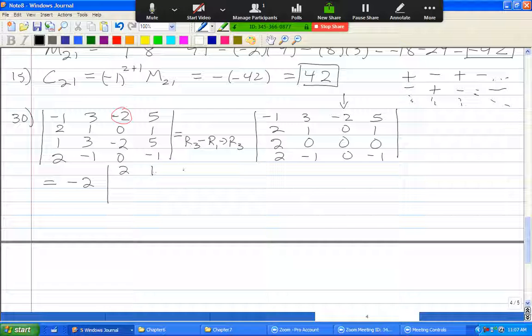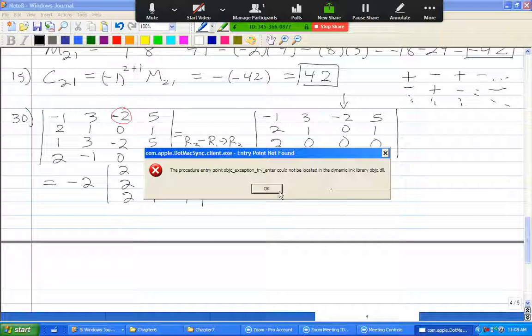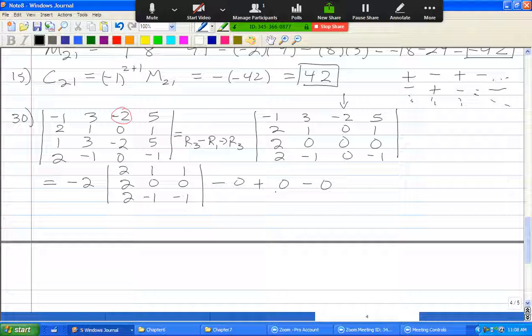So 2, 1, 1, 2, 0, 0, 2, -1, -1, minus, well, 0 times something plus 0 times some, again, cofactor, plus minus 0 times some other cofactor. So having a whole bunch of zeros here simplifies things. So I don't really have to worry about any of those.